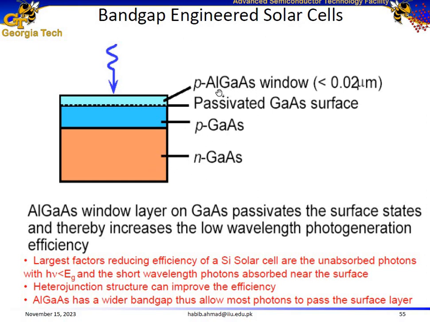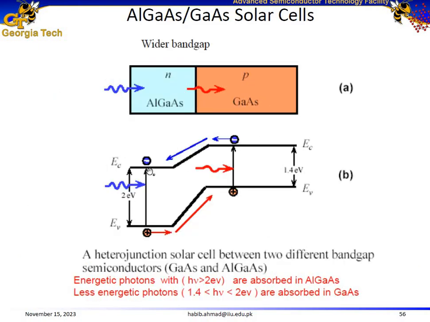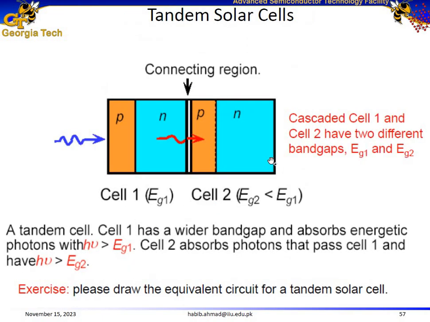Aluminum gallium arsenide, depending on the aluminum and gallium content, is going to have band gaps higher than 1.4, roughly 2 electron volts. So the high energy photons would be absorbed by the top layers, and the low energy photons would be absorbed by the bottom layers. Same concept once again.